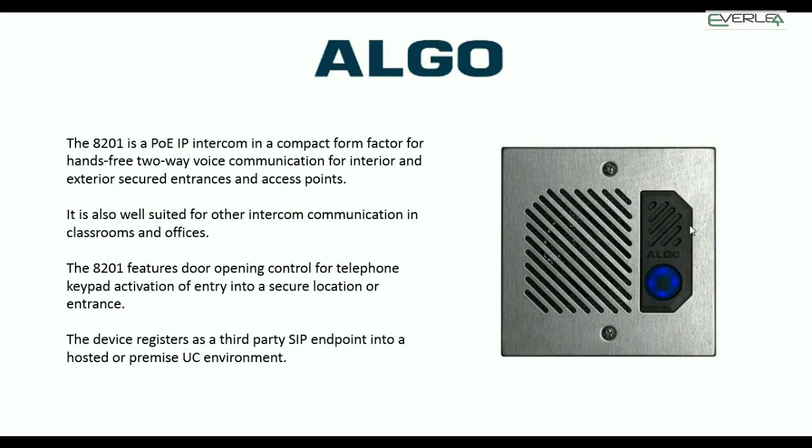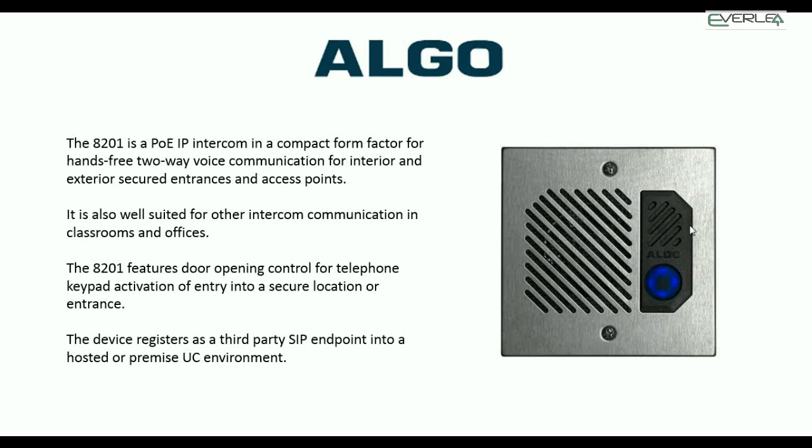The device registers as a third-party SIP endpoint to hosted or on-premise UC, Unified Communications environment. Effectively, what that means is that it's a SIP-compliant unit. It will connect to pretty much any other SIP-compliant server, IPPBX, cloud-based system, etc. It's all NAT compatible, so it can work behind the NAT.